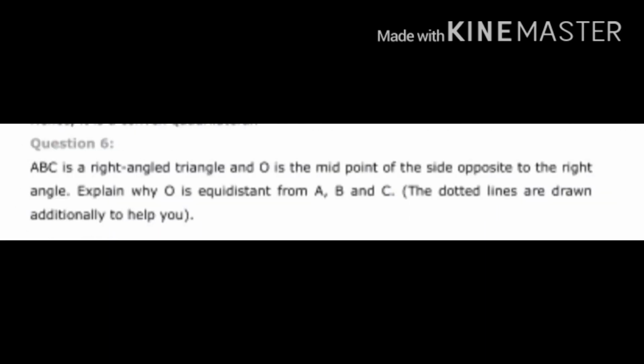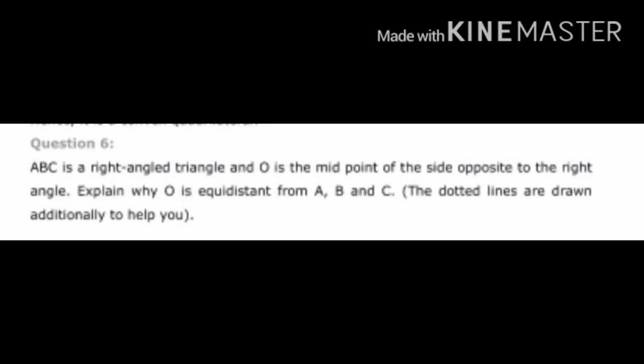Question number 6 is ABC is a right angle triangle and O is the midpoint of the side opposite to the right angle. Explain why O is equidistant from A, B and C. Now here you will have to draw a dotted line. The dotted lines are drawn additional to help you to understand it.